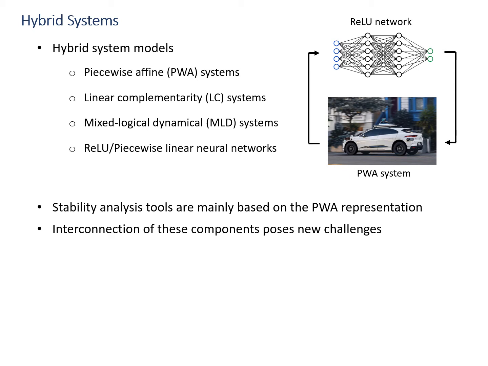Therefore, the existing stability analysis tools are not applicable to the neural network control system, since the required piecewise affine representation is very difficult to obtain. Such limitation holds in other scenarios too, where the interconnection of different classes of hybrid systems, for example linear complementarity systems and mixed logical dynamical systems, are considered.